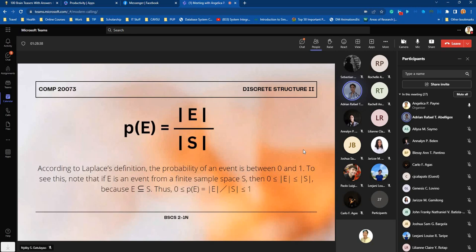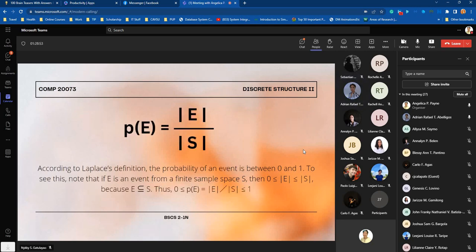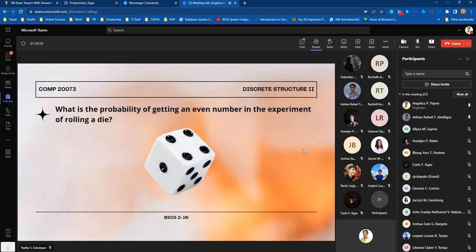Ang mga magiging sagot, the probability of an event can be presented in three ways. It can be fraction, decimal, or percentage. Example. What is the probability of getting an even number in the experiment of rolling a die? So, in this case, ang hinahanap po dito ay ang probability of getting an even number.